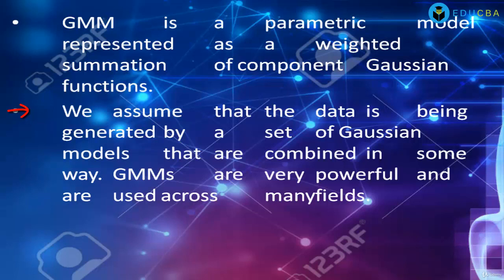GMMs are very powerful and are used across many fields. So we will combine the data generated by a set of Gaussian models, and that will become your Gaussian mixture model. That's why its name is mixture model, because we are combining different Gaussian models to form one complete Gaussian mixture model.